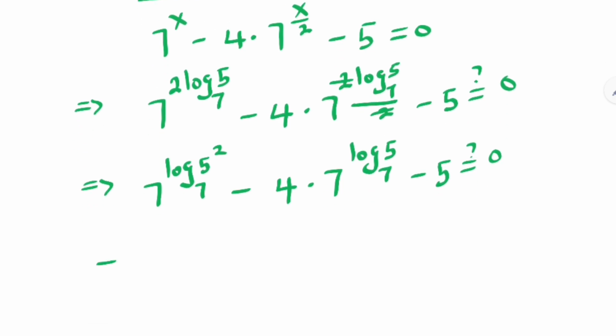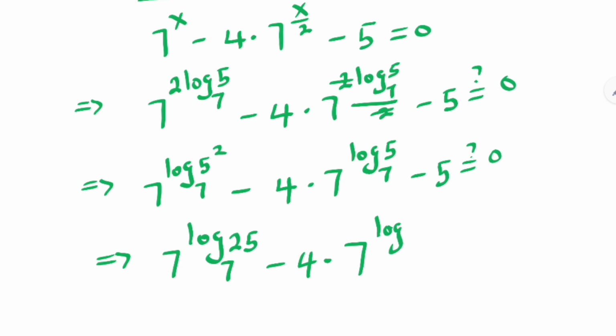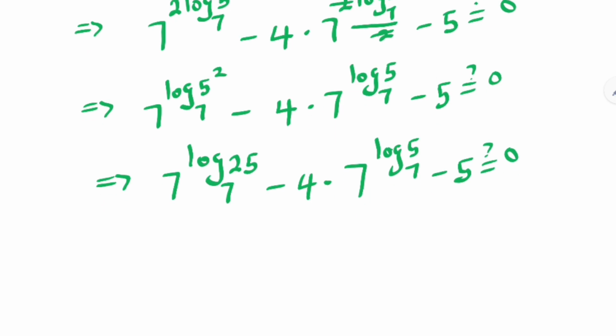Here, this is 7 raised to power log 25 base 7 minus 4 multiplied by 7 raised to power log 5 base 7 minus 5 must be equal to 0. Take note of this, that if you have a raised to power log b base a, this is equal to b.